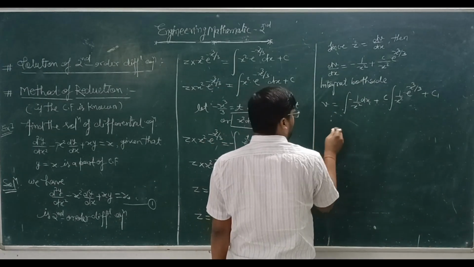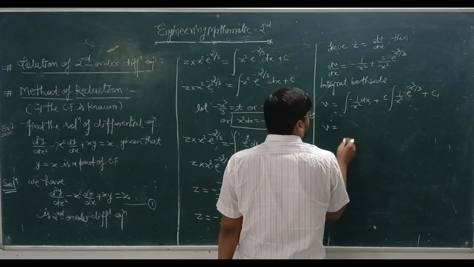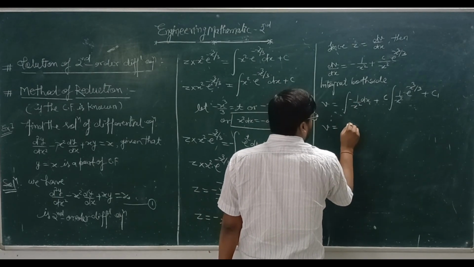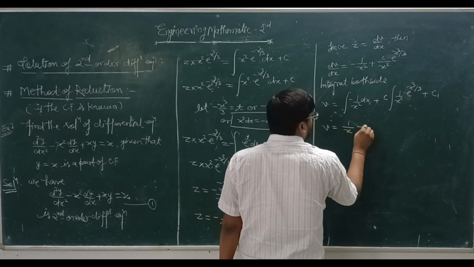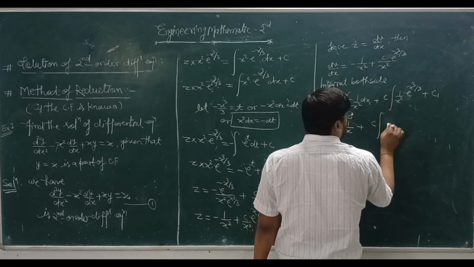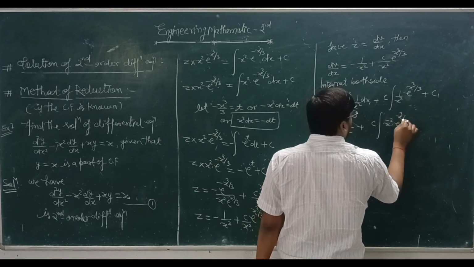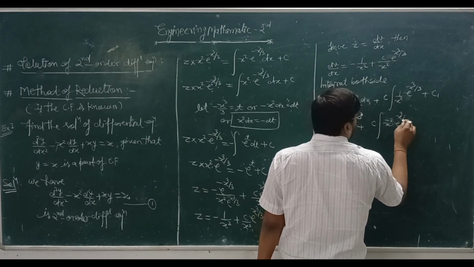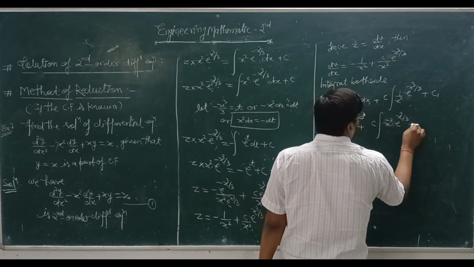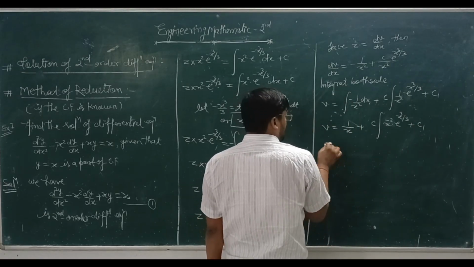Now v is equal to, solving this integration, plus 1 upon x plus c integration of x to the power minus 2 into e to the power x cubed upon 3 plus c1.